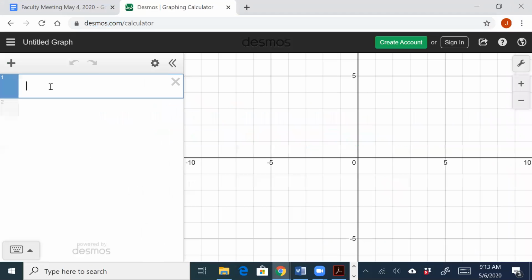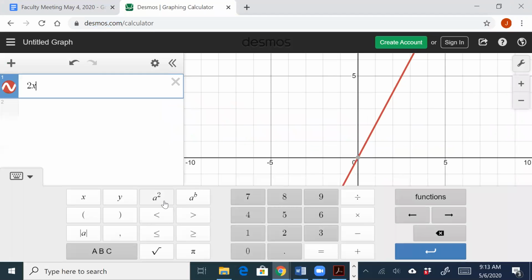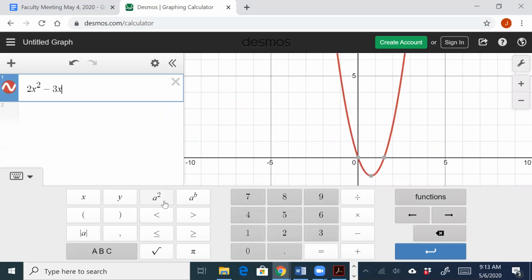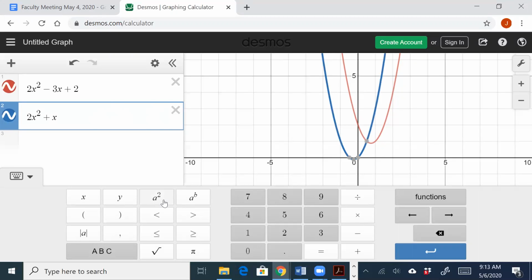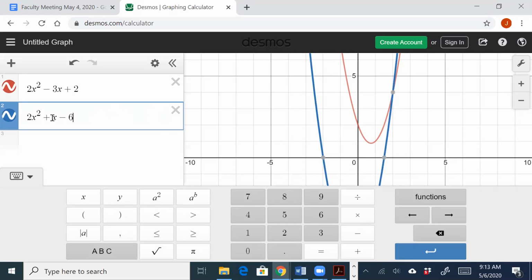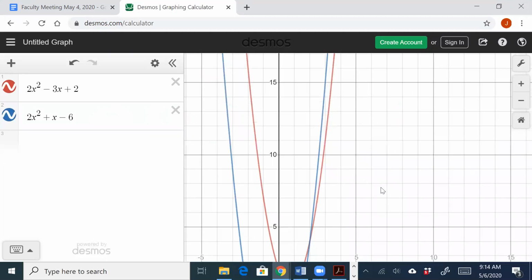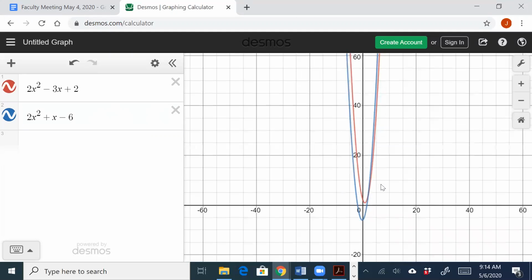So 2x squared minus 3x plus 2 is the first equation. And the second equation, 2x squared plus x minus 6. Okay. So then I can look at these and see where they only intersect just at that one point.